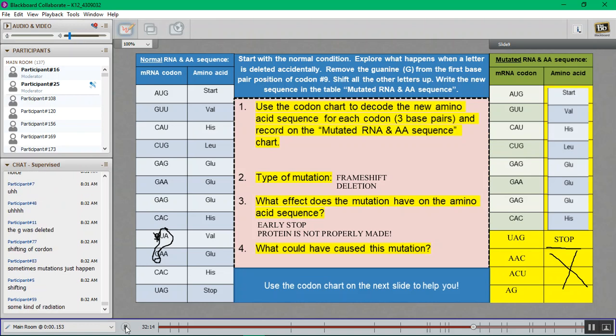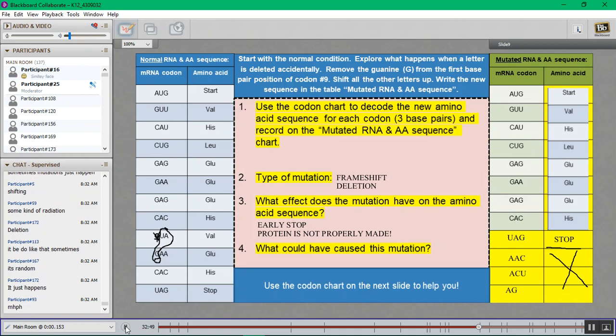Sometimes mutations just happen. That's true. How did it happen? How did it randomly occur? Kind of reached a standstill. Okay, so what's happening, guys?